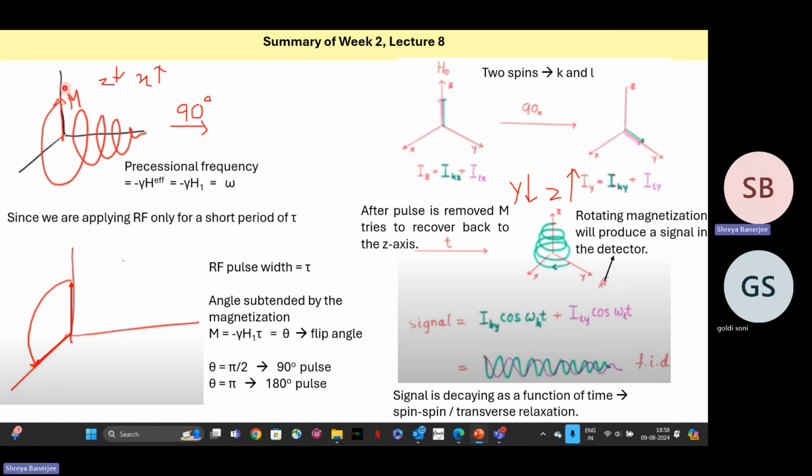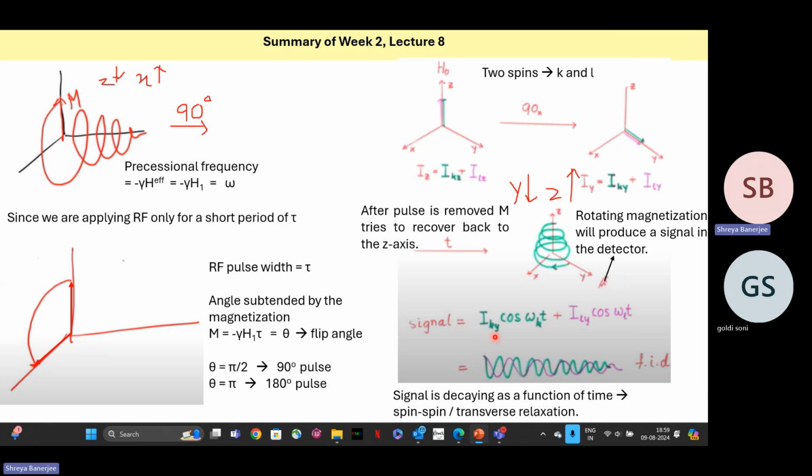Now, the detector is kept along the y direction. So what will the detector see? The detector is measuring the magnetization along y. We start the detector as soon as the magnetization comes to the y axis.